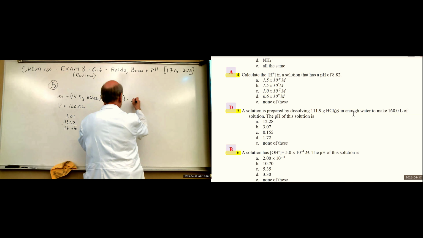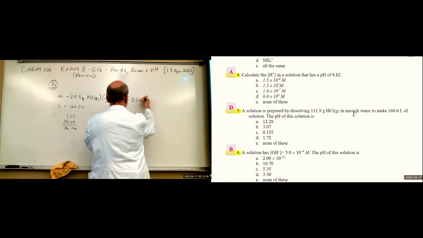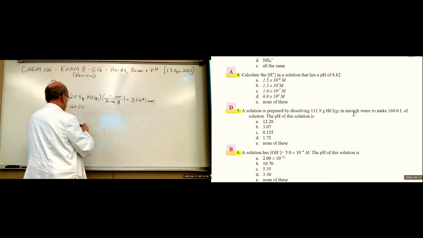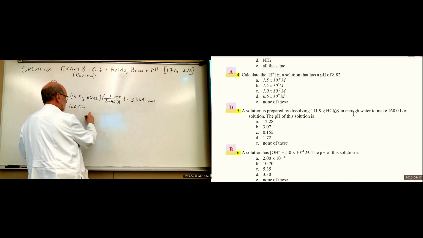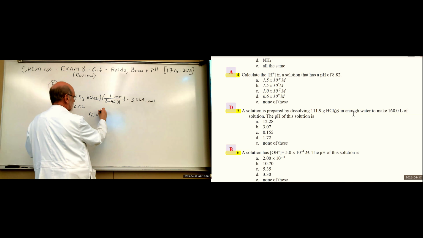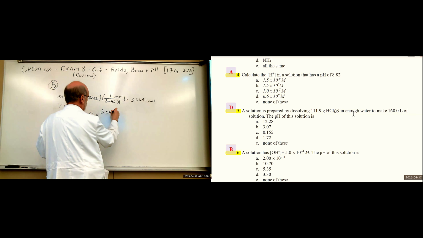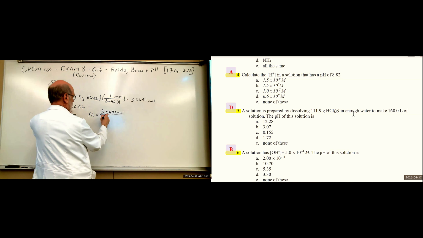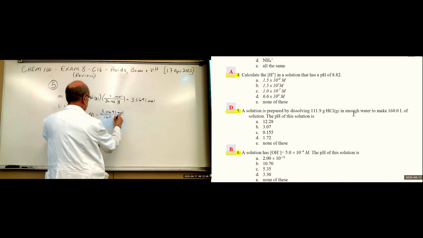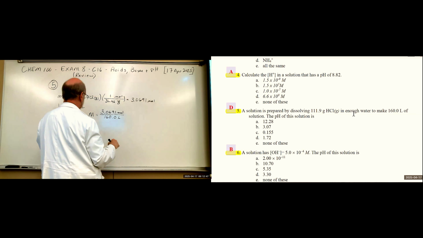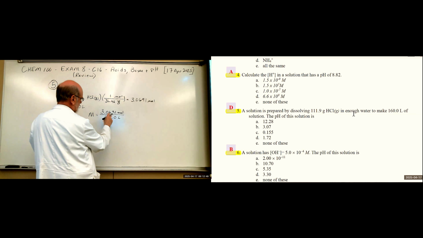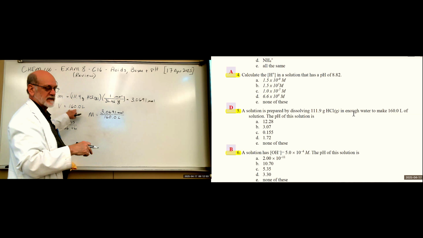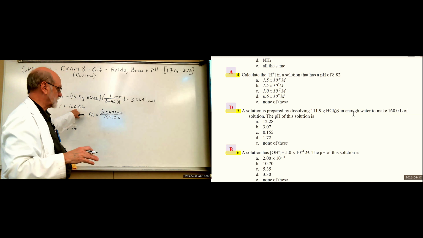I get 3.0691 moles. Now we can calculate the molarity. The molarity then would be 3.0691 moles divided by 160 liters. This needs to be rounded off eventually to 4 significant figures.